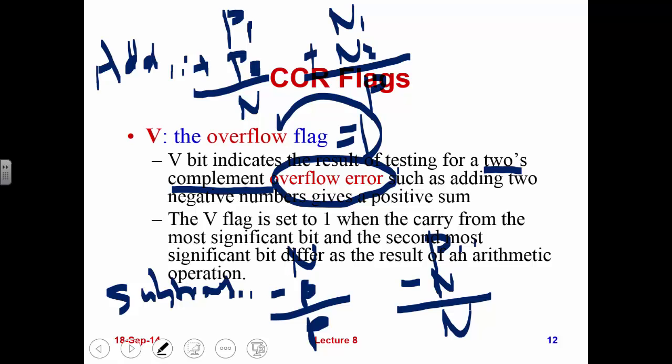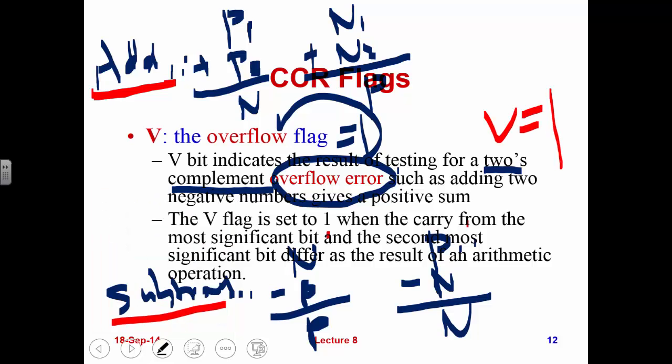So there are 4 different cases. In addition, we have this case and this case. For subtraction, we have this case and this case. All these four cases will cause V to 1.